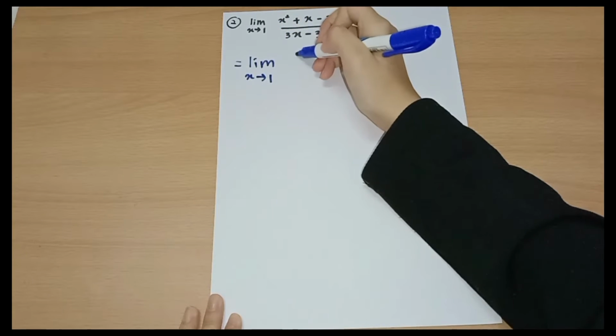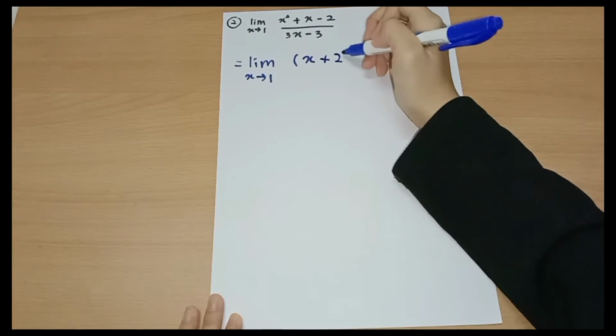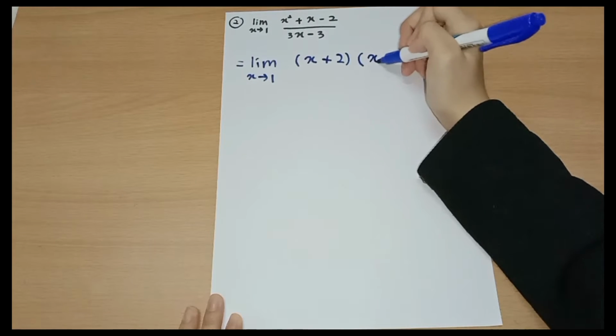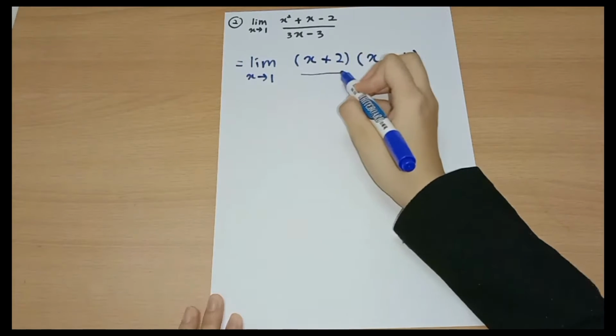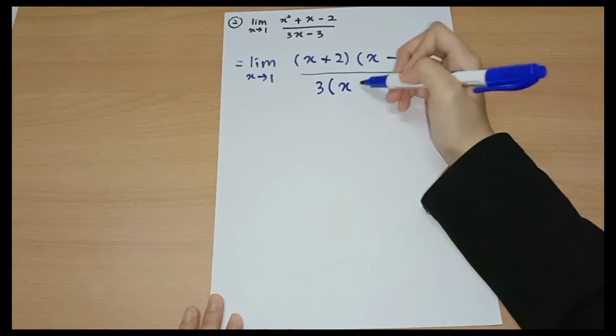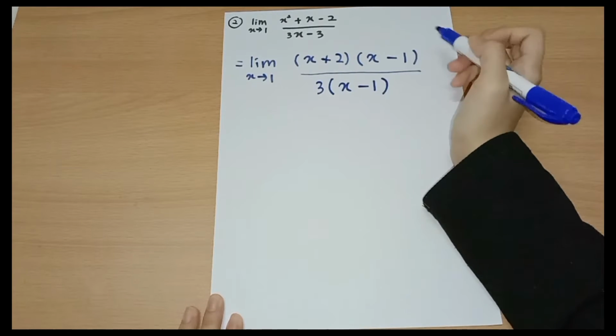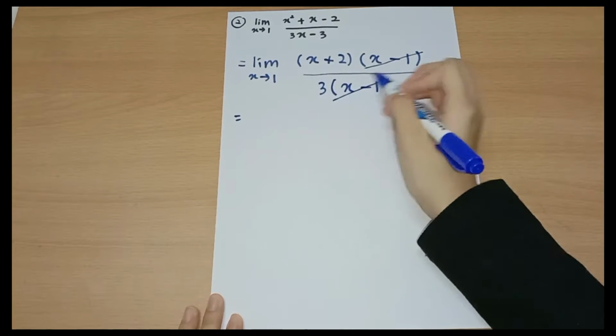So for x squared plus x minus 2 become (x plus 2)(x minus 1) over 3x minus 3 become 3(x minus 1). Then we need to simplify it.